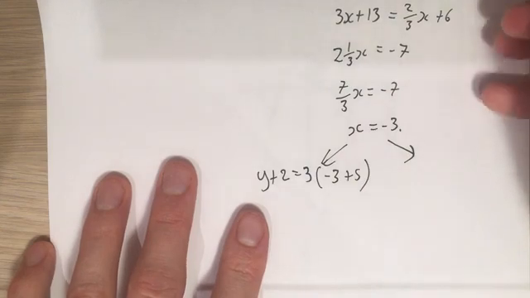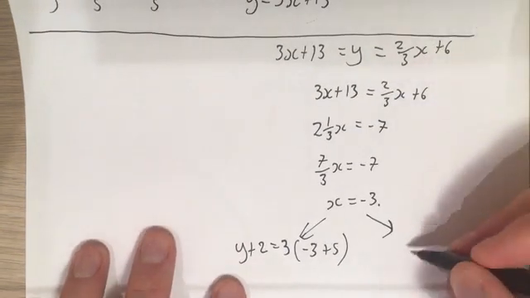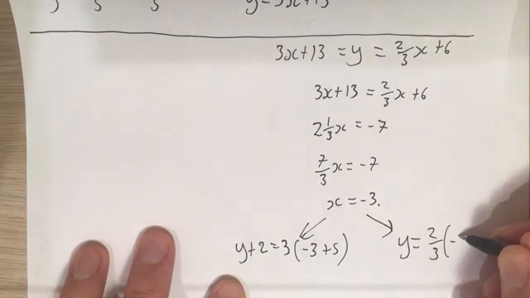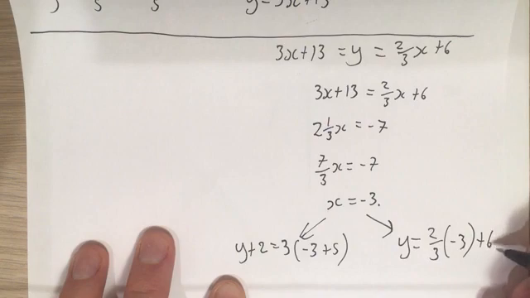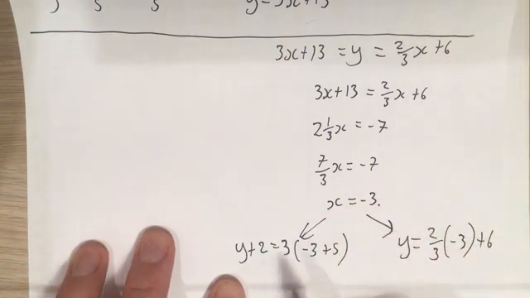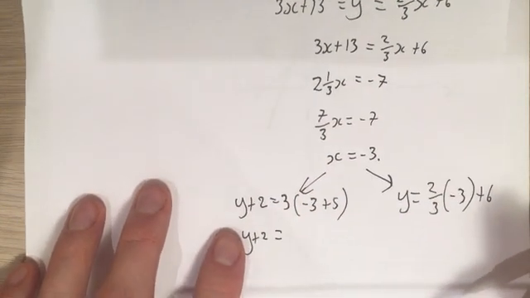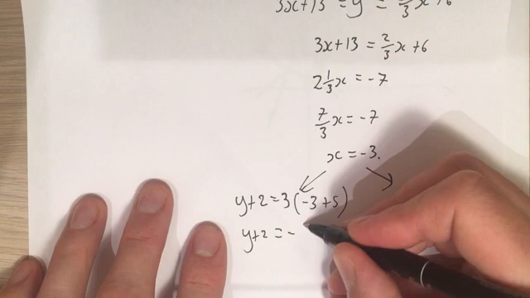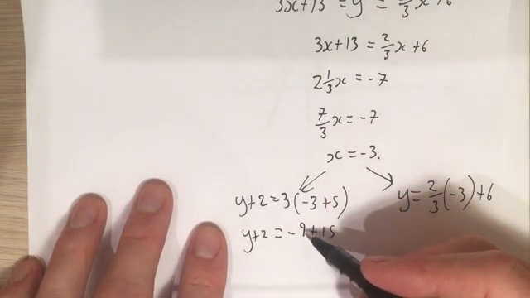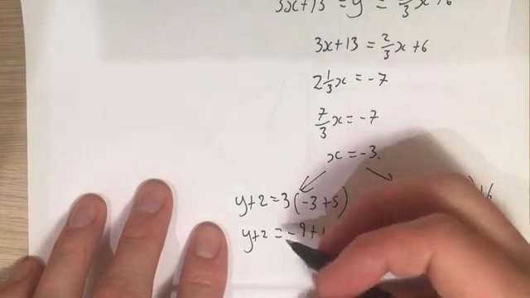And here, using the original form of this equation, y should be 2/3 of minus 3 plus 6. So just putting minus 3 into here. Okay, so here, y plus 2 is going to be the same thing as minus 9 plus 15. Work that all out. So minus 9 plus 15 is 6, plus 2 is going to be 8.